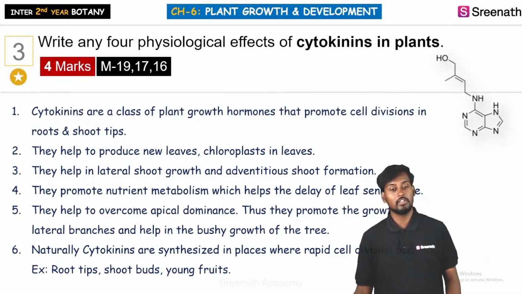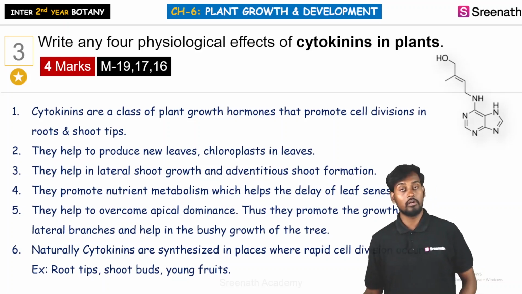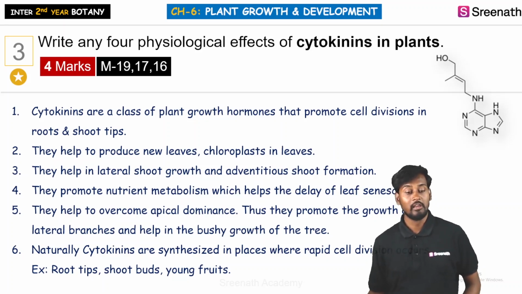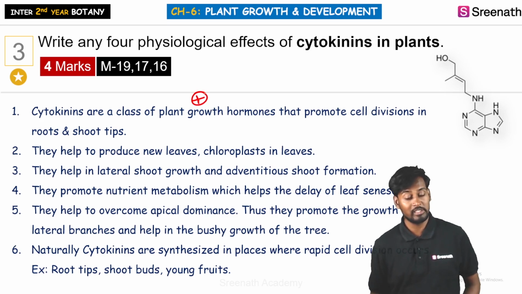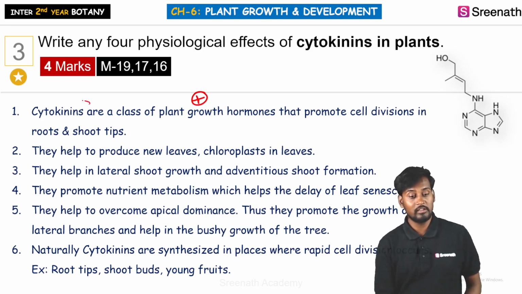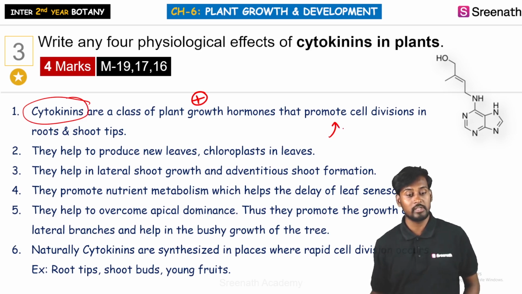The third question is: write any 4 physiological roles of cytokinins in plants. These are the third plant growth regulators. They are also called positive plant growth regulators because they enhance growth in the plant. Cytokinins promote cell division in the root and shoot tips.